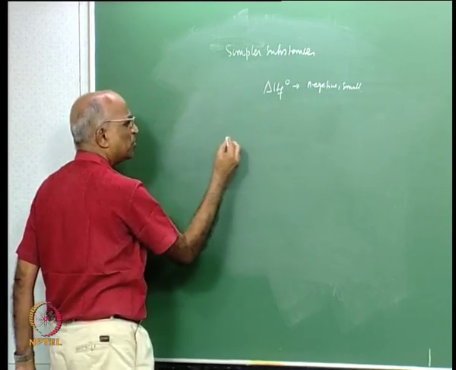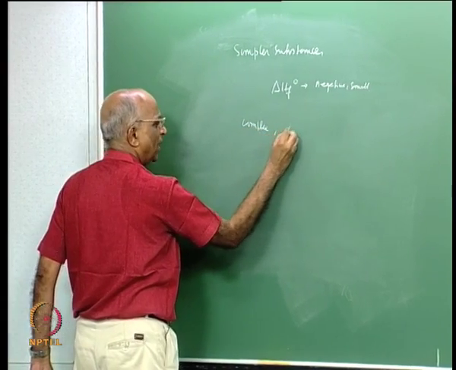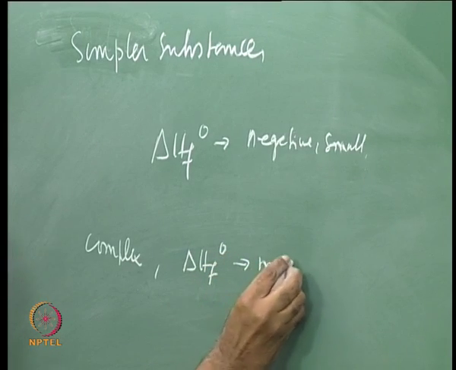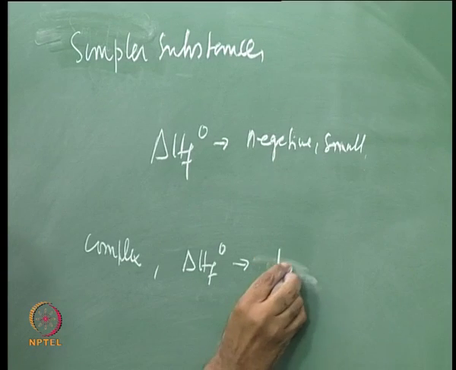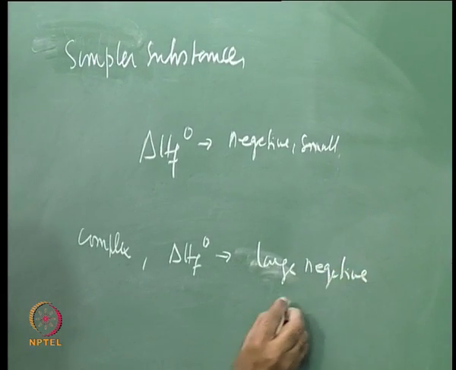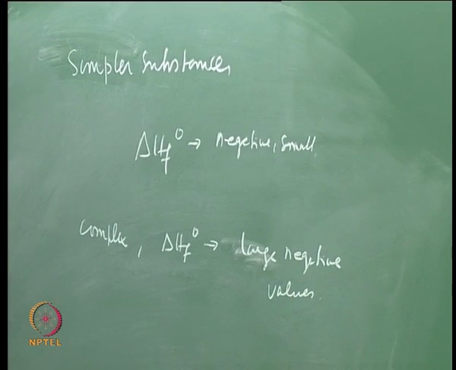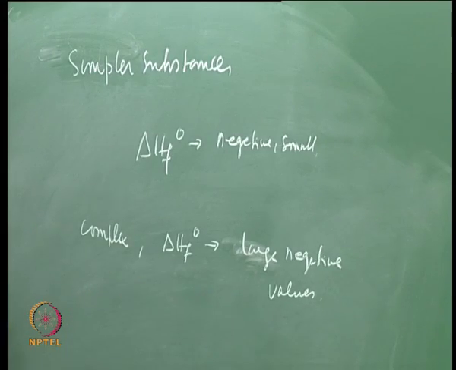As the substance becomes more and more complex, the value of delta HF becomes negative but larger. That means, can I write it as large negative values? This is just based on methane, ethane, propane and all that up to kerosene.